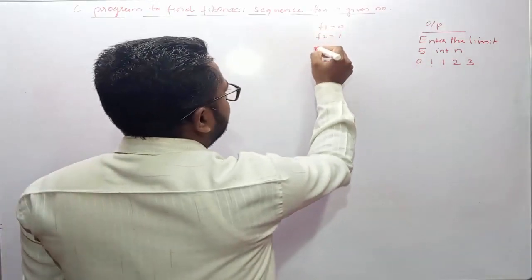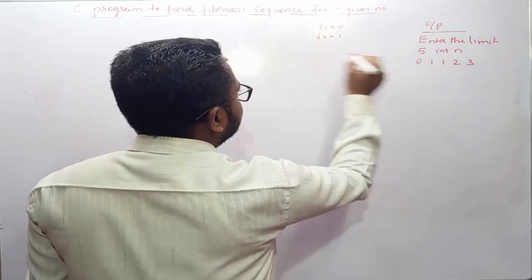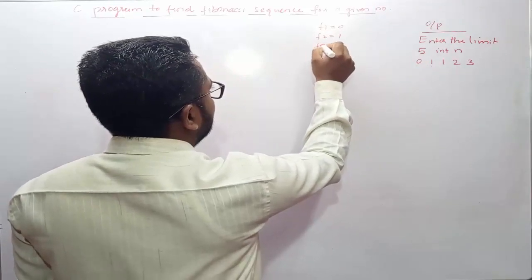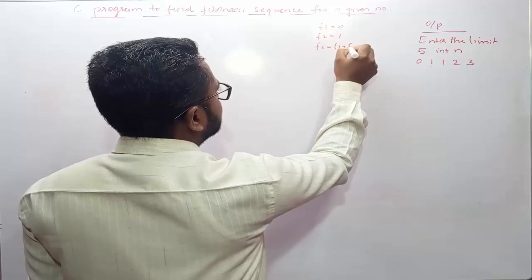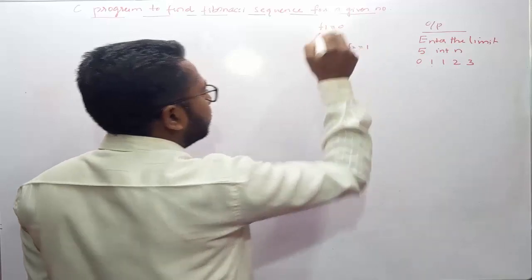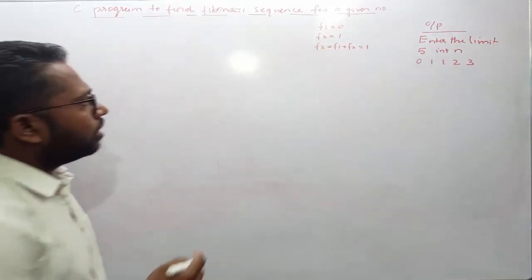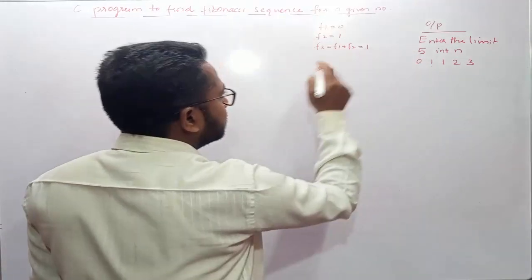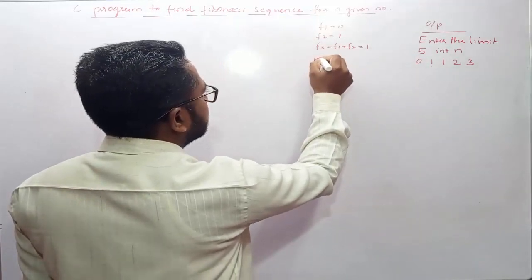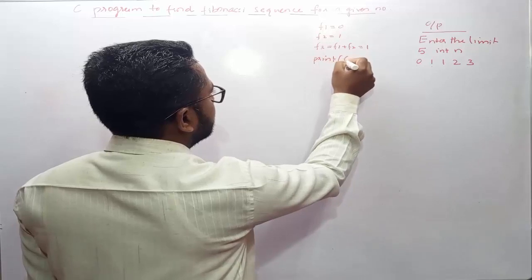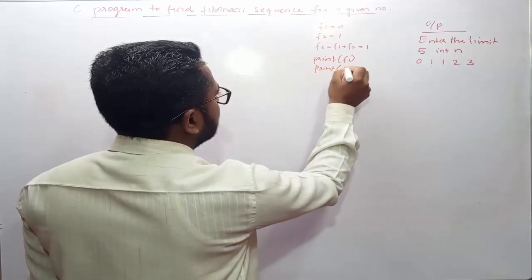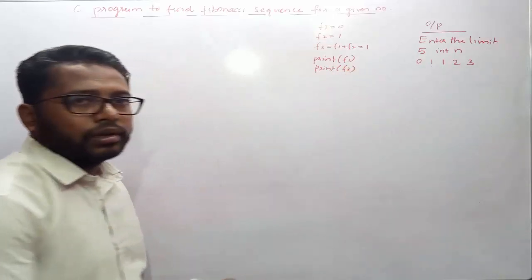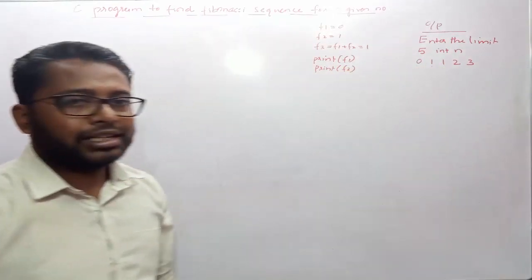Then I will find the addition of these two numbers and assign it to f3, f1 plus f2, and I will get 1. Now I will print both of these values, print f1 and print f2. Now the first two numbers get printed out.